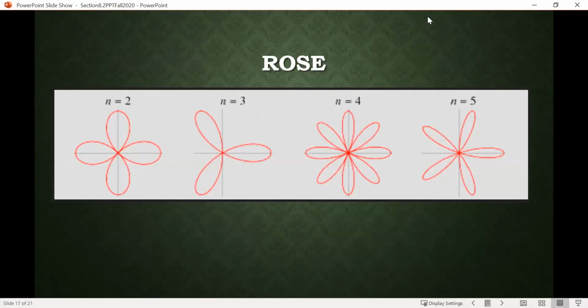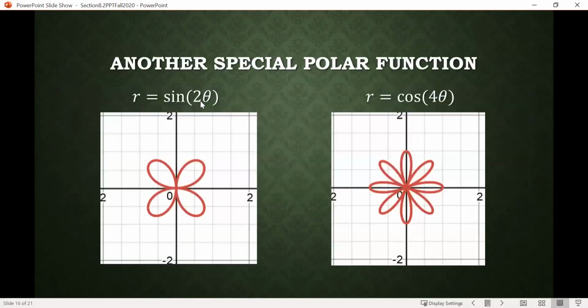And you'll notice a couple things about the roses. First of all, here, notice that if we look at the number being multiplied by the theta on the inside and count the number of petals of the rose, so here this one has 1, 2, 3, 4, which is double the 2 here. Here with the 4, we have 1, 2, 3, 4, 5, 6, 7, 8 petals, and there's a 4 on the inside.